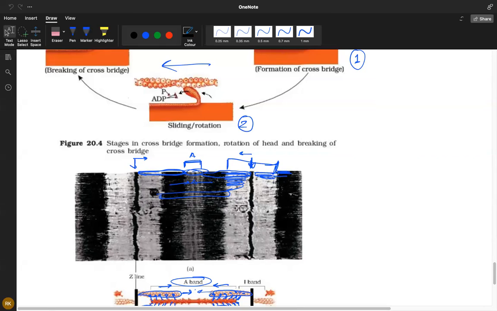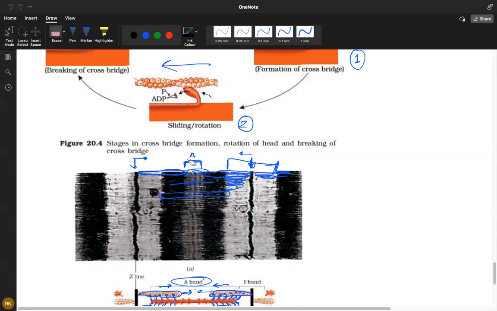Devangi? Yes, sir. Yeah, so write down. In muscle contraction, the I band gets reduced, whereas the A band, sorry, I labeled it as A. This is actually the H zone, right?